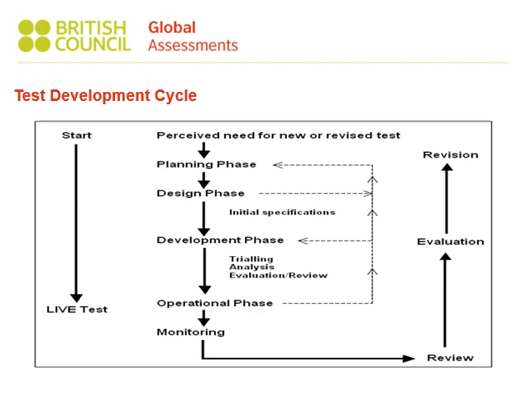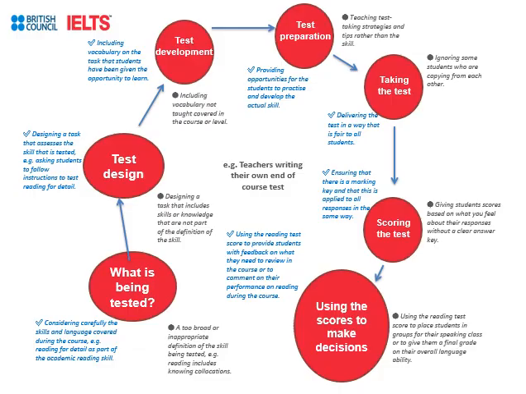We know that they are as valid and as reliable as we can possibly make them, and hopefully our measurement will be as accurate as possible. And then even after that, even after the live test has been taken, there's still another monitoring phase to see if there still needs to be any further review or evaluation.